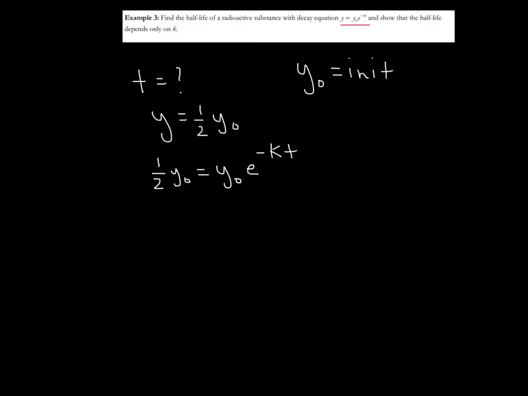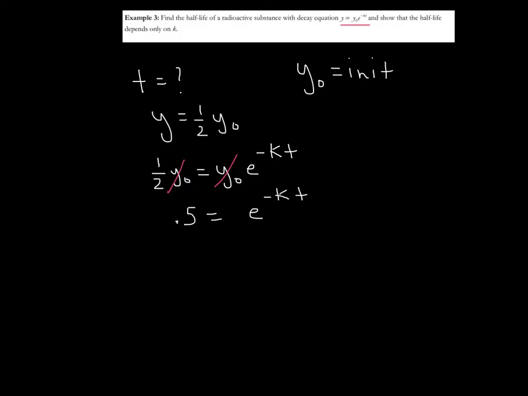Well, because this is an exponential decay problem, all right, and we need to make sure that the growth constant is negative. So we are going to solve this for t, and we can see that y0 is the same on both sides, so that goes away. So we have 0.5 is equal to e to the negative kt.